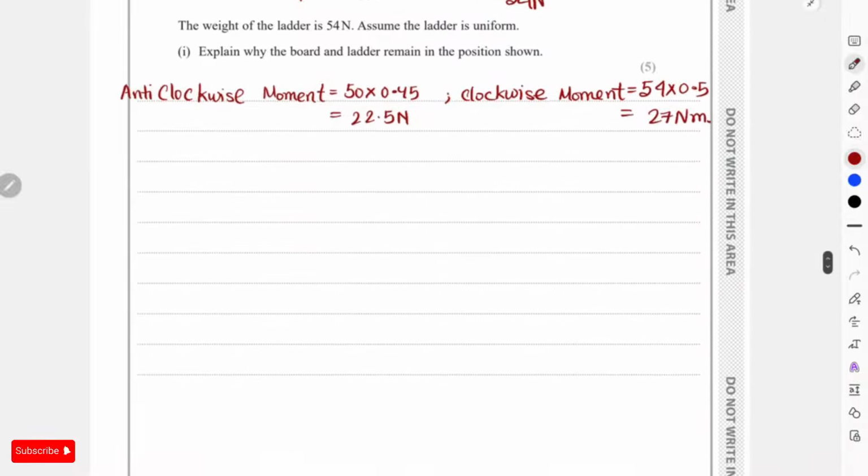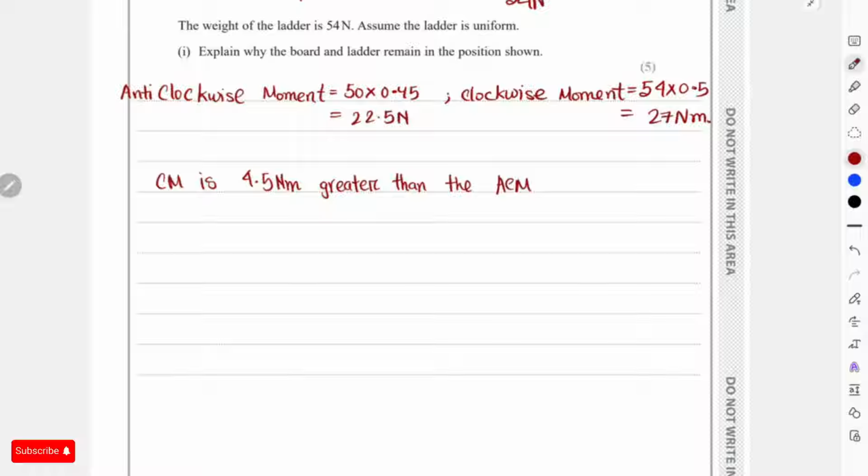So I'll write it. We can clearly see the difference between the clockwise and anti-clockwise moment is 27 minus 22.5, which is 4.5 Newton meter. So we'll write that into your statement: the clockwise moment is 4.5 Newton meter greater than the anti-clockwise moment.